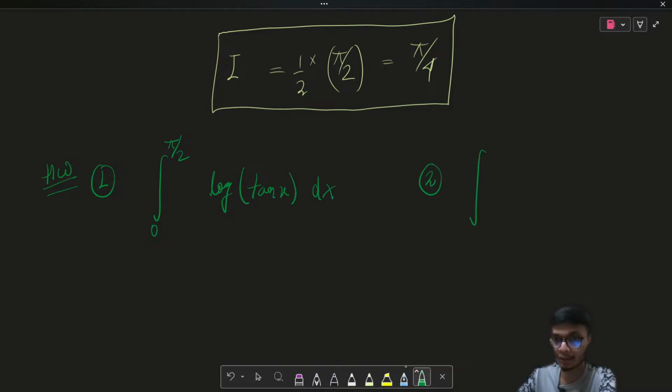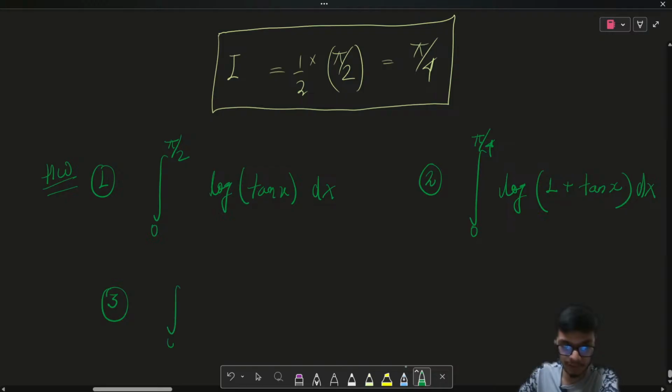The second problem: integrate 0 to pi by 4 natural log of 1 plus tan x. The third problem is 0 to pi by 2 of sin x minus cos x, whole divided by 1 plus sin x cos x.